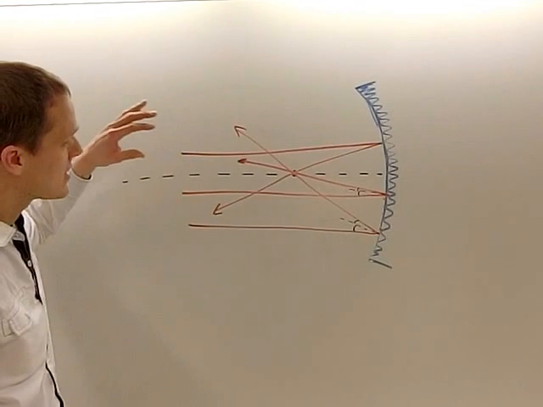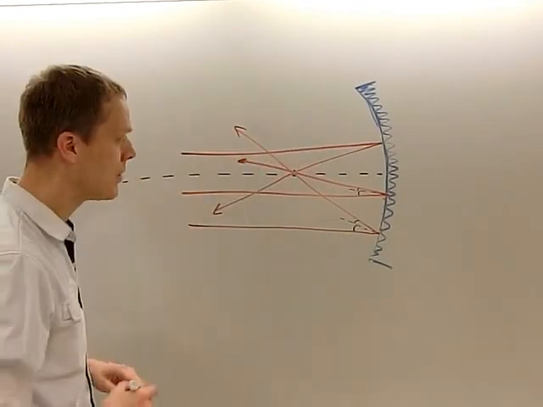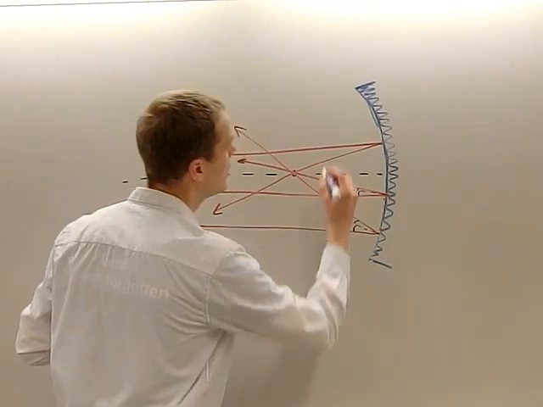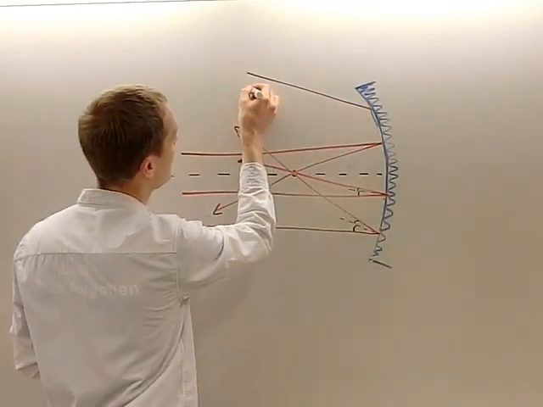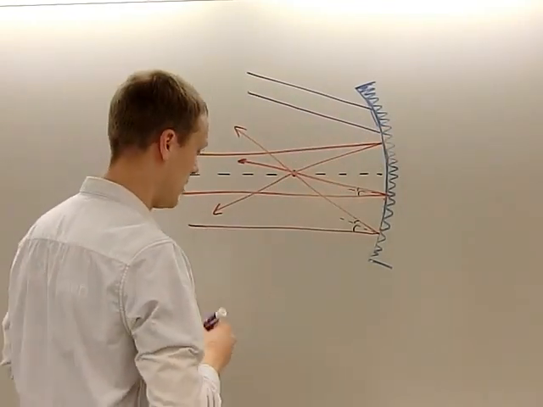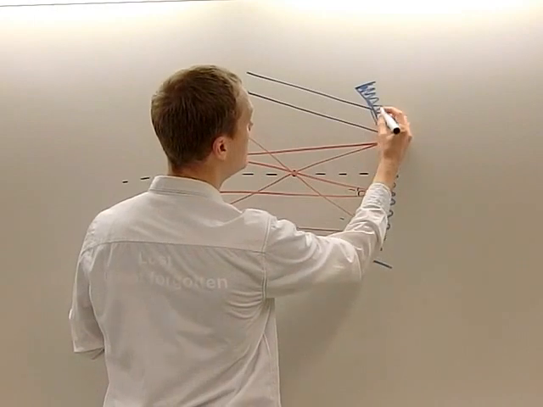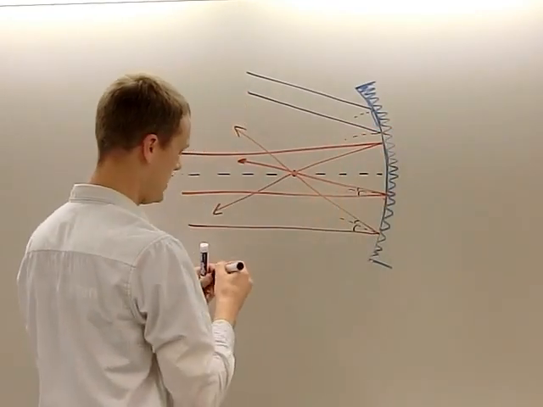Light that does not come in parallel to this axis won't go through the focal point, but it will converge at another point. Let's draw some rays up here. Draw rays coming in parallel like this. Okay. So let's look at those angles of incidence and reflection. Right.